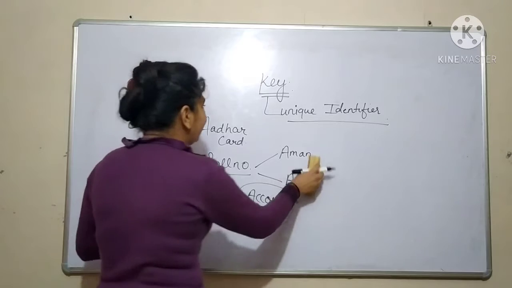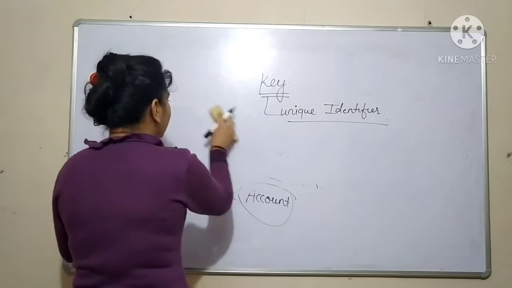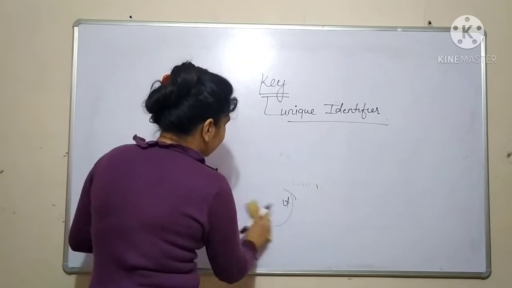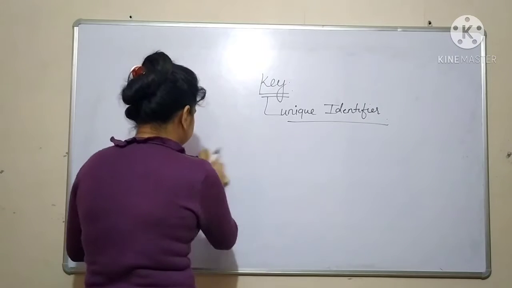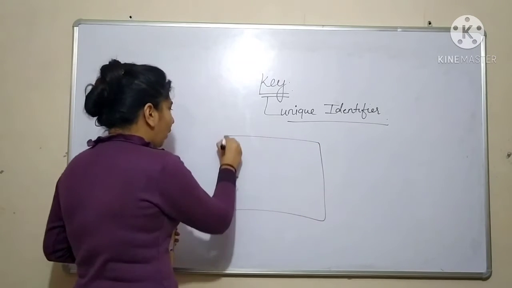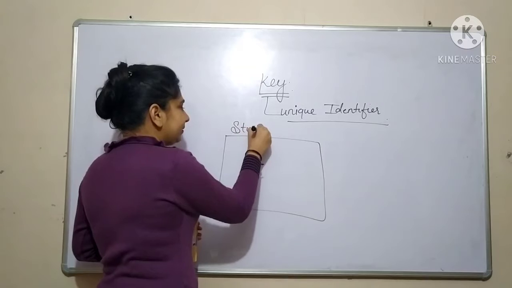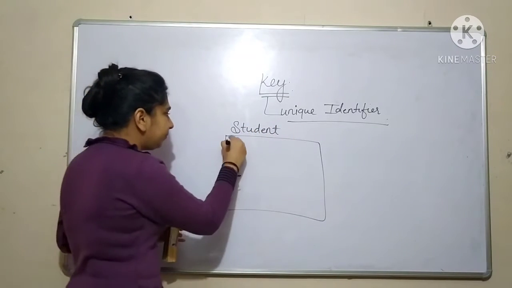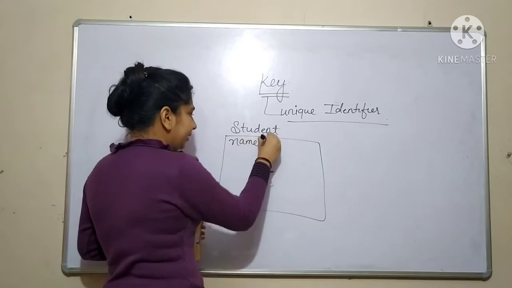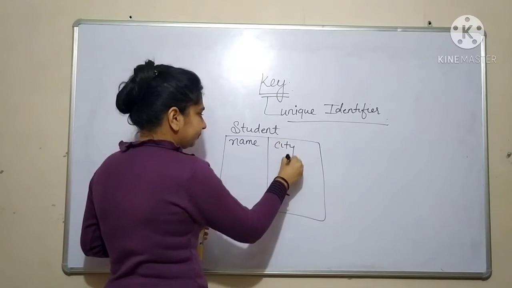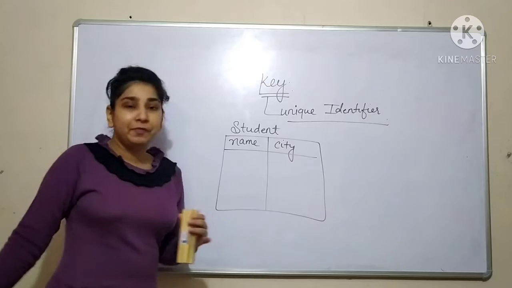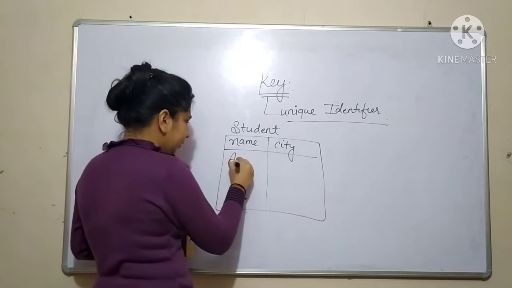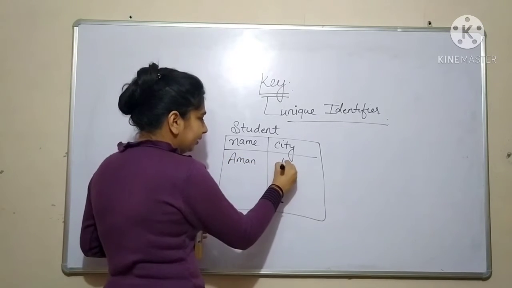Now let me tell you what is the meaning of key in database management system. Let's suppose we have one table. It is a student table, and we have two attributes, name and city. The first name is Aman, Chandigarh.